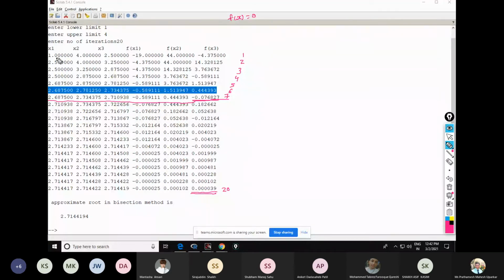Here the values are also getting close. The values of A and B are getting closer and closer to each other. In every iteration, we are making the range smaller.